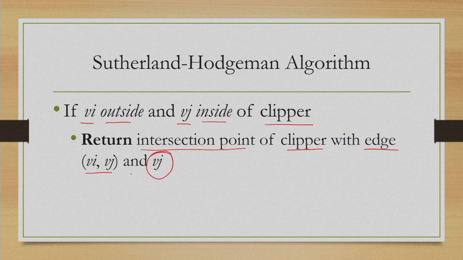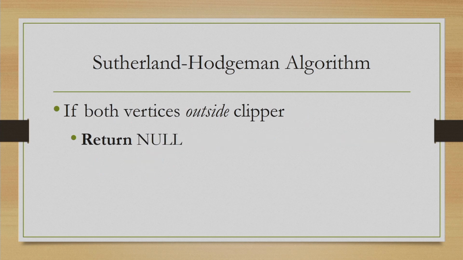Both the things we return, intersection point and Vj. And finally, if both vertices are outside the clipper, then we do not return anything, we return null.